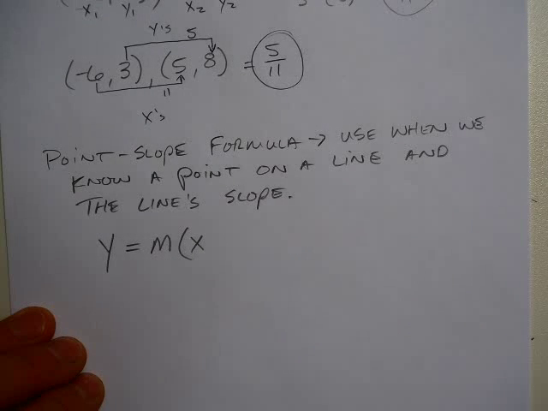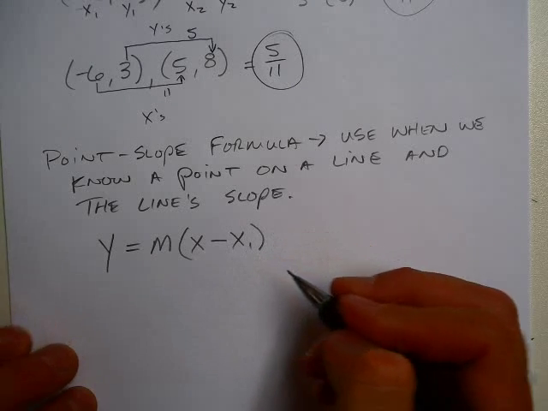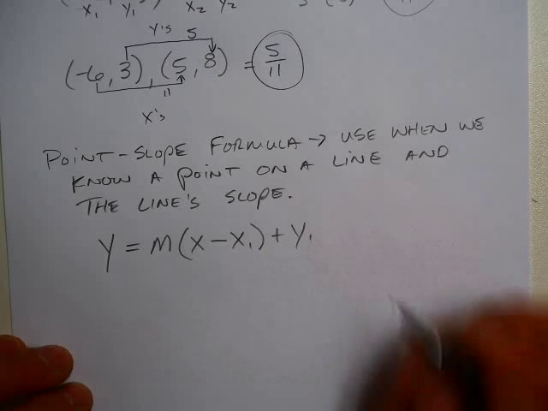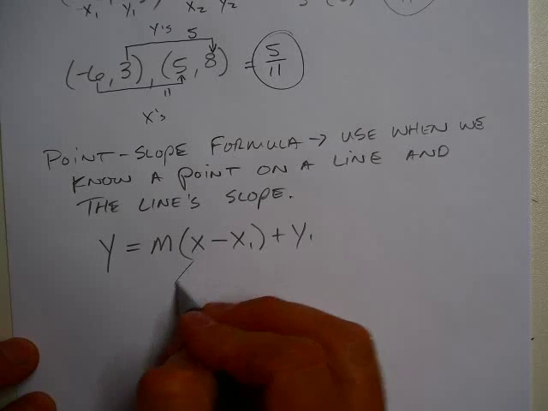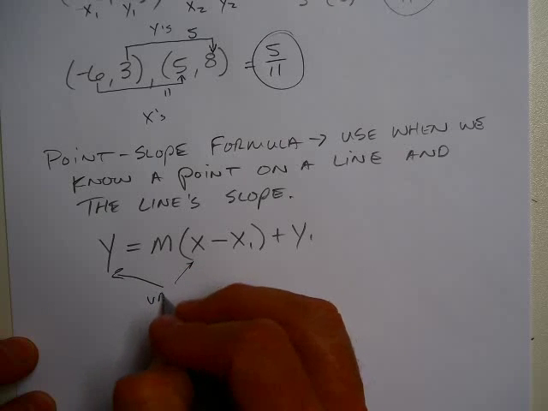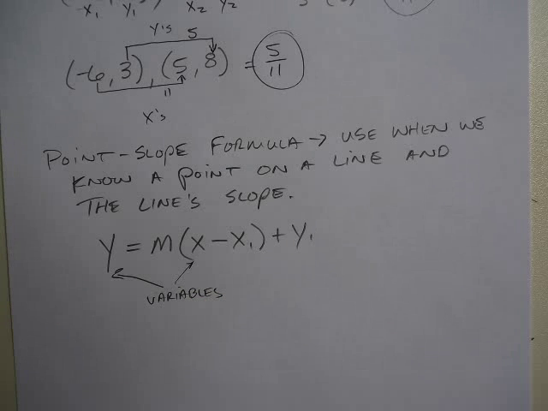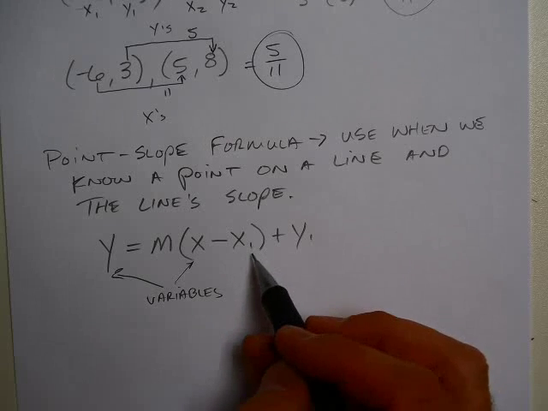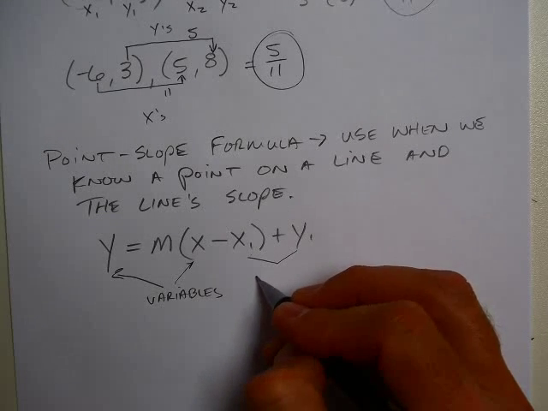Y and x are variables, where x and y are variables, they stay x and y. x1 and y1, these are a known point, the values of a known point.